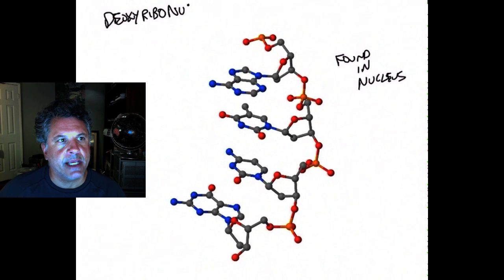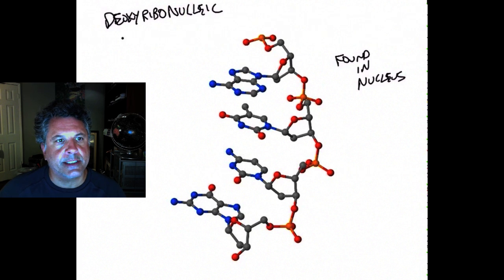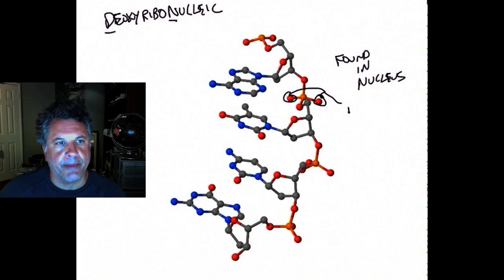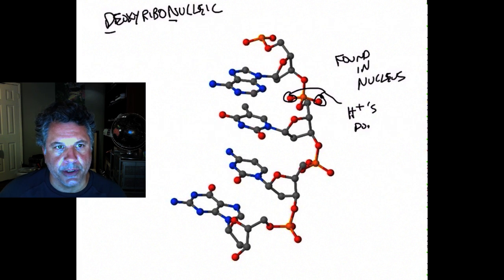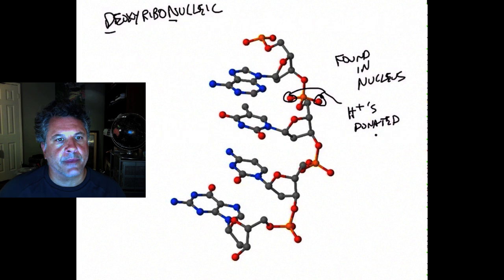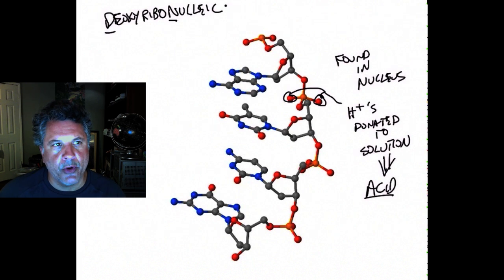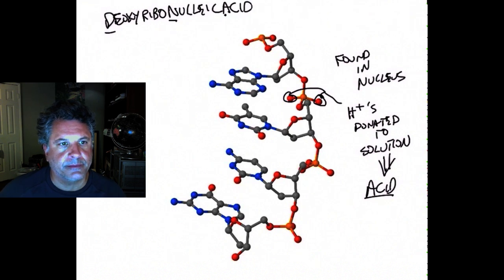So we have deoxyribonucleic, and then the oxygens on the phosphates, remember, can donate hydrogens to solution, making the phosphate functional groups acidic because they increase the hydrogen ion concentration in an aqueous solution. Therefore, we have an acid, and DNA is an acid. So DNA, deoxyribonucleic acid.